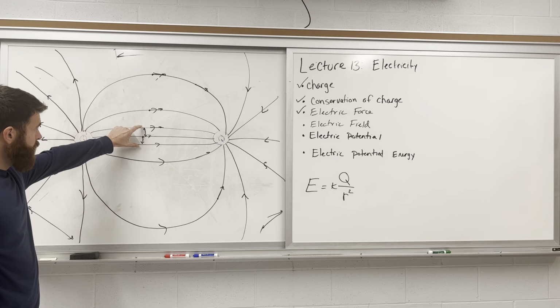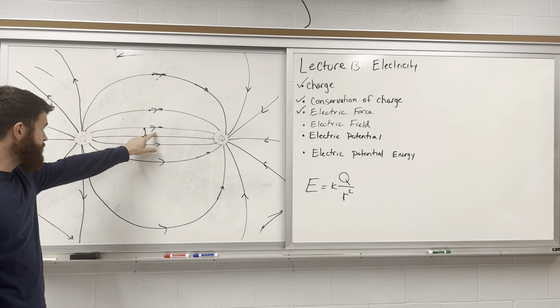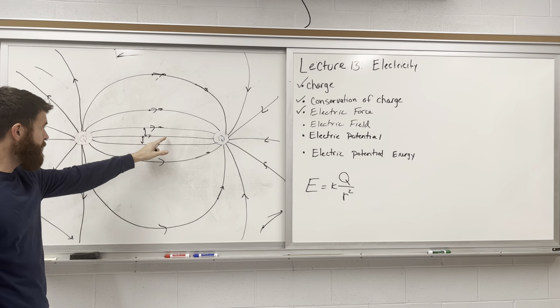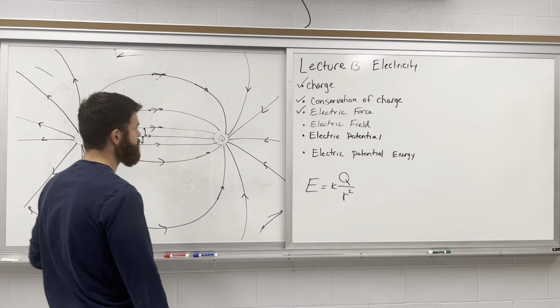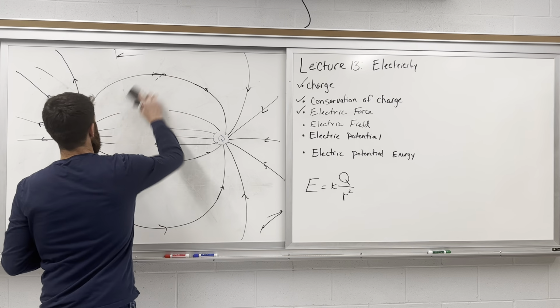So this is where the electric field is the strongest because the field lines are the closest. If you put a test charge in here, you're going to experience the largest force. That test charge would be pushed in this direction by the positive charge and pulled in this direction by the negative charge.